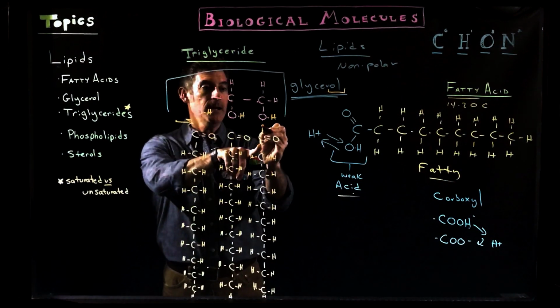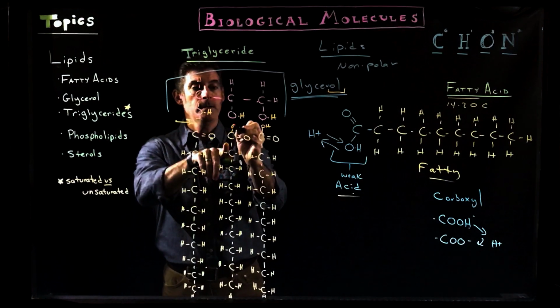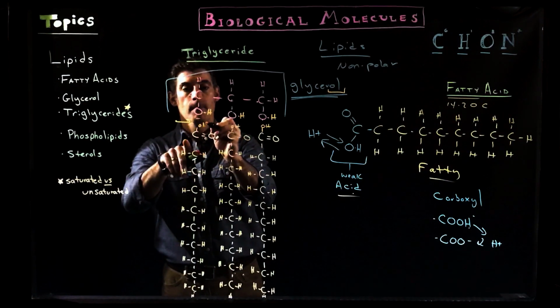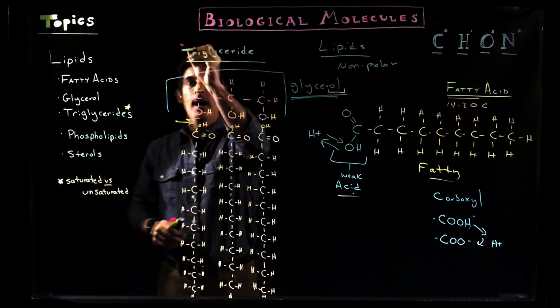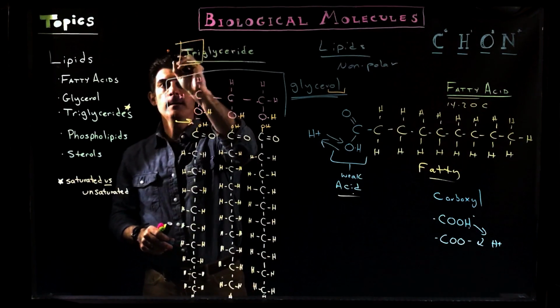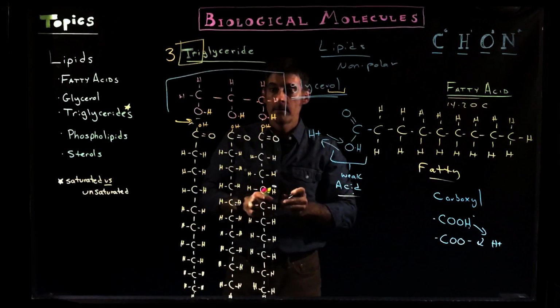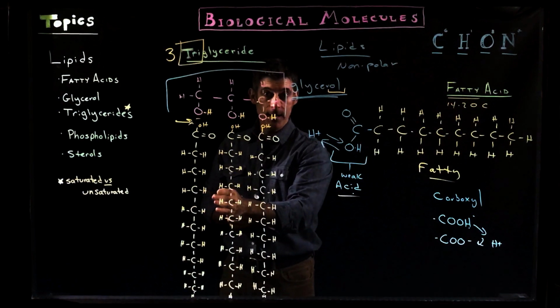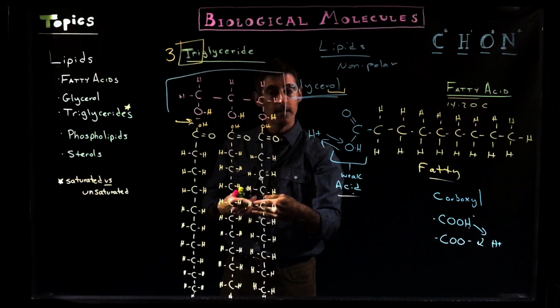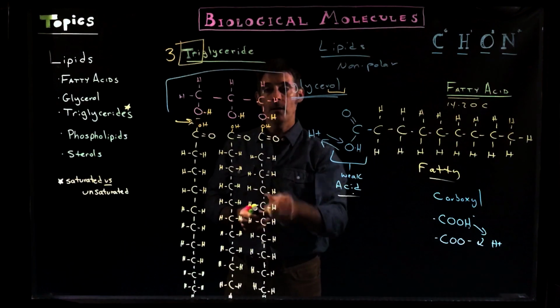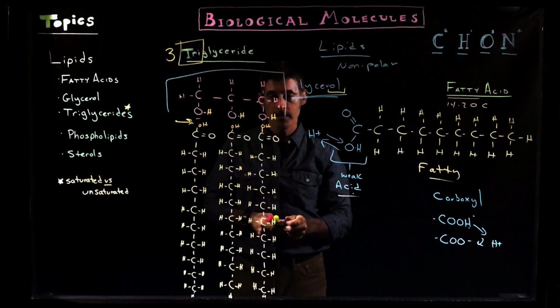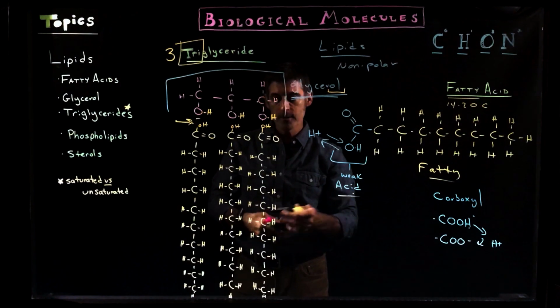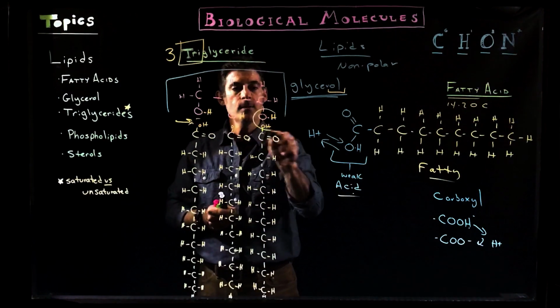So this would actually have an OH, right? Like this. So, triglyceride: 3 fatty acids get joined together, but not to each other. They join to a glycerol, which has the 3 carbons and the 3 oxygens. The area where this is going to happen is right here.